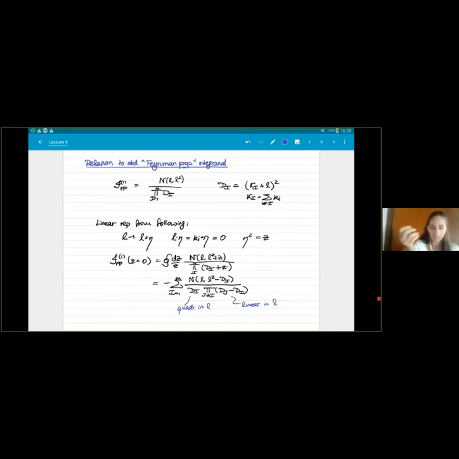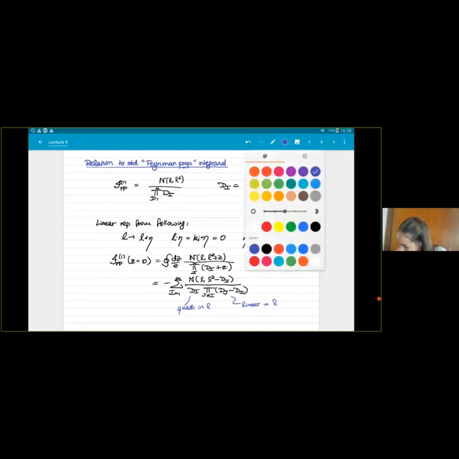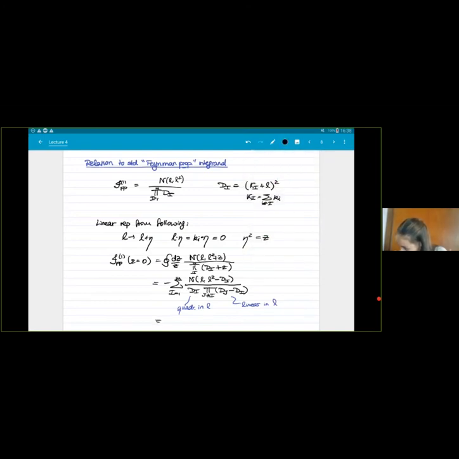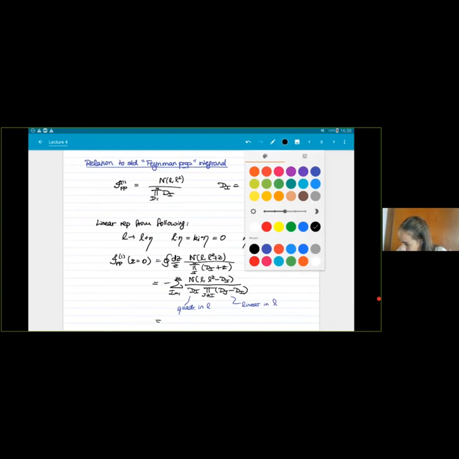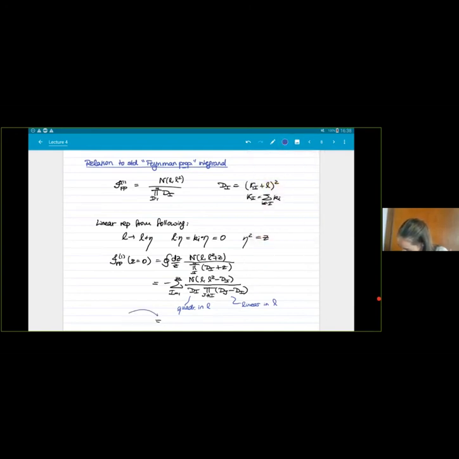So in particular, that means we now want to shift L to L minus Ki in each term respectively.